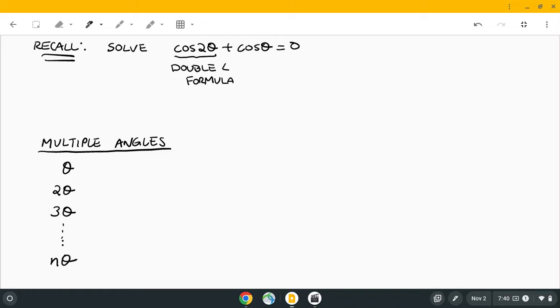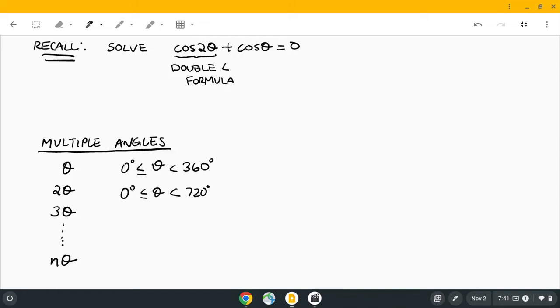So when you just have a single theta that you're trying to solve for, you're looking for the answers theta that are between 0 and 360. And then for 2 theta, you're looking for the answers between 0 and 2 times 360, which is 720.